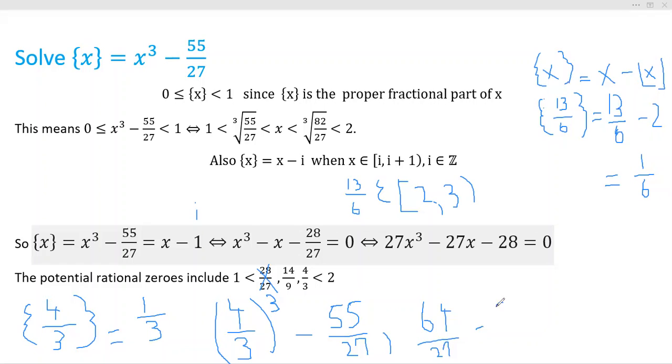We have a common denominator, so we can subtract the numerators. The problem is tantamount to just subtracting 55 from 64. And so that gives us 9 over 27. But guess what? That reduces to 1/3. Isn't that cool? So this is the one time that the function evaluates to its fractional piece, so to speak. So that's equal to 1/3.